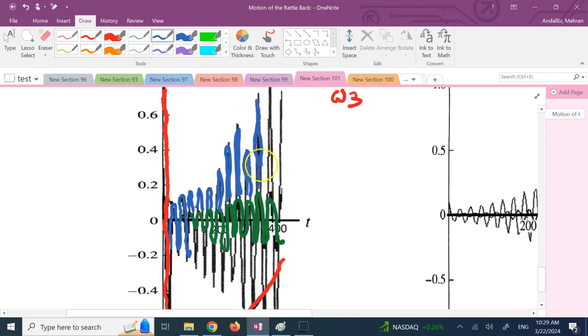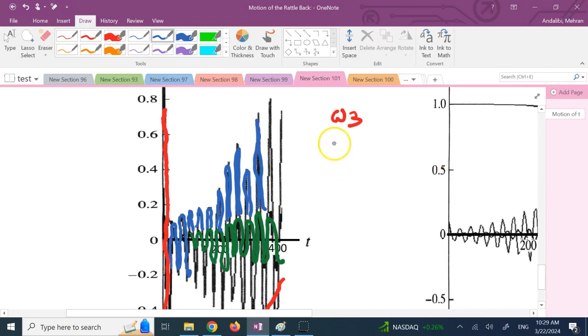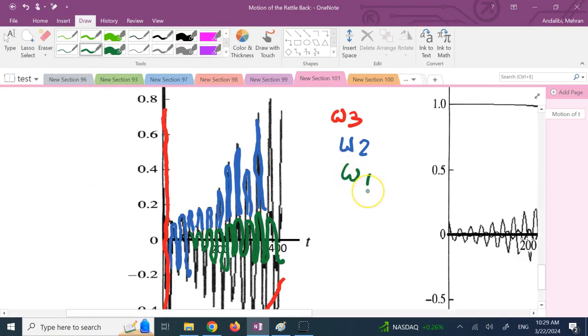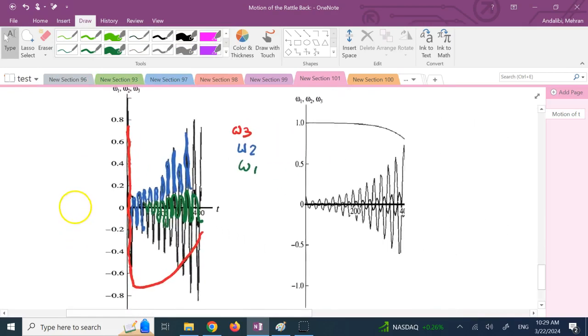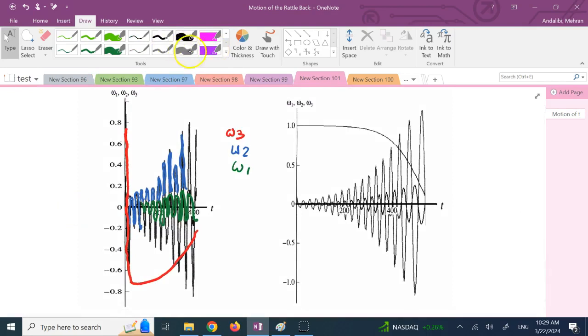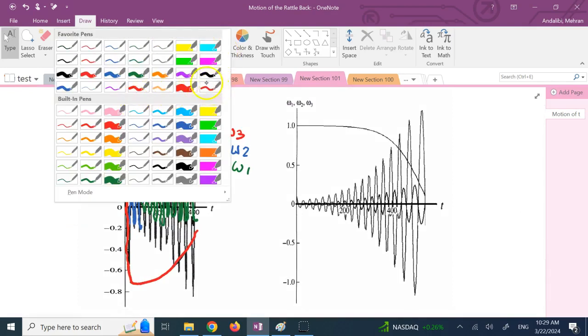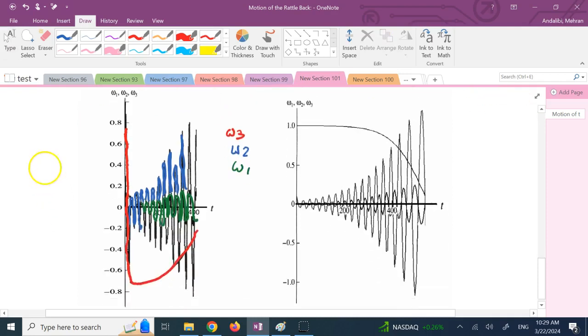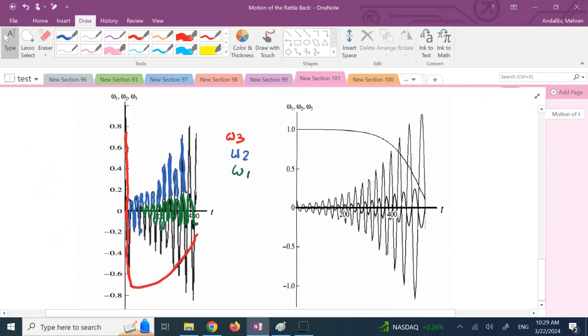I'm not really sure which one is omega-1, which one is omega-2, because it didn't say anything. But let's say omega-2 is blue and, for instance, omega-1 is green. So one thing obvious is this. In the case that you started with these D and omega to have opposite signs, what happened to omega-3? You see, you started omega-3, in this case positive, which means counterclockwise.